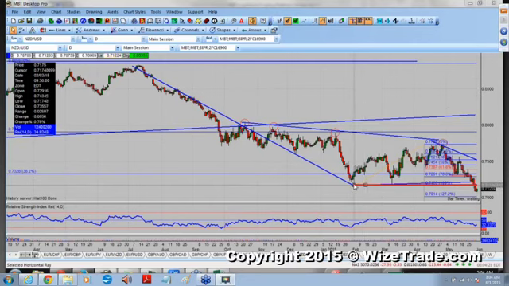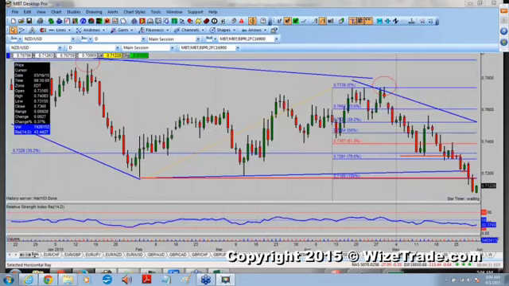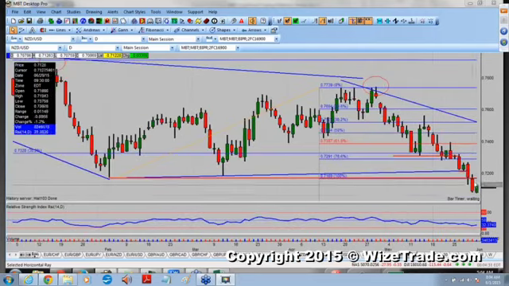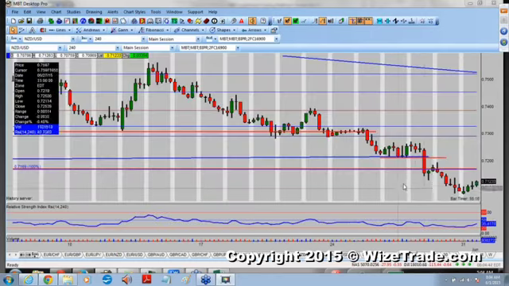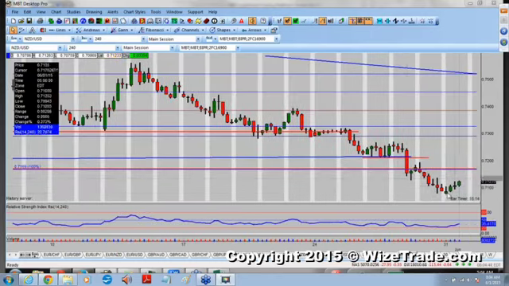That low is 71.74. So if we make it back there, I am looking to sell the Kiwi. Now, it might not necessarily be this morning. But if it's weak U.S. data today, then we're going to get a spike back up towards 71.70. Any move up to 71.70 to 72.10, I am looking to sell.